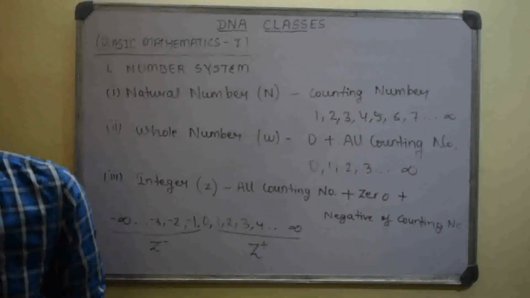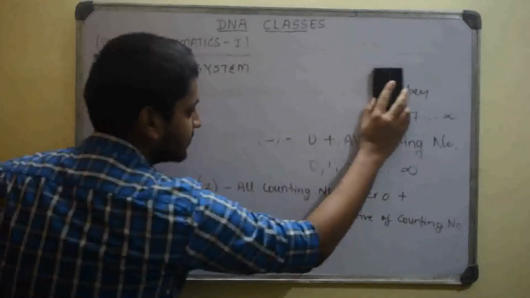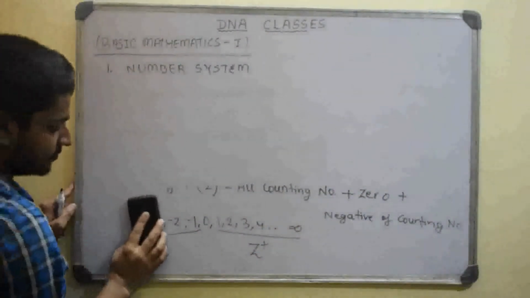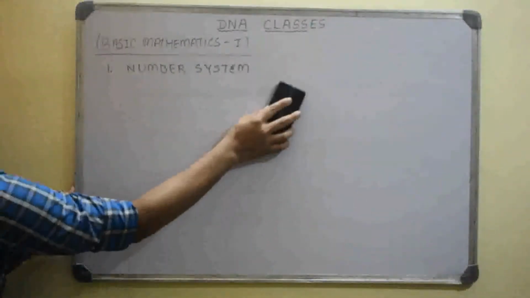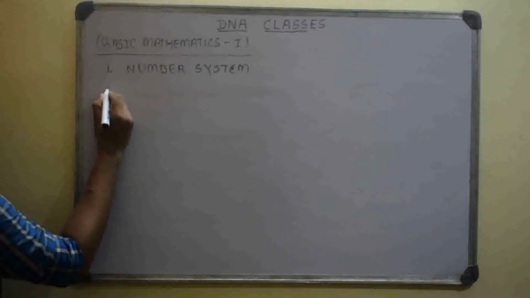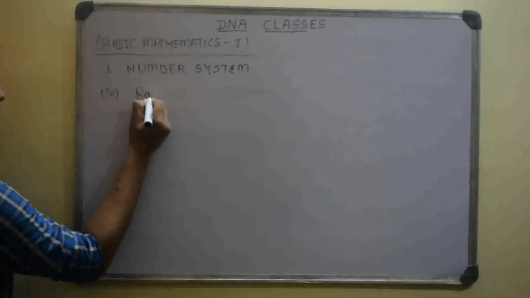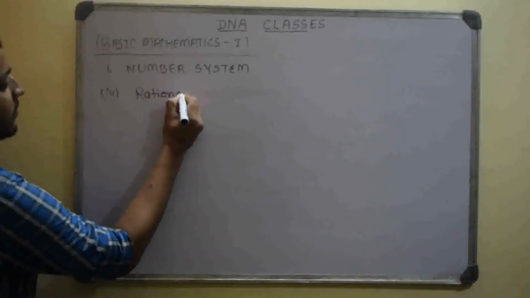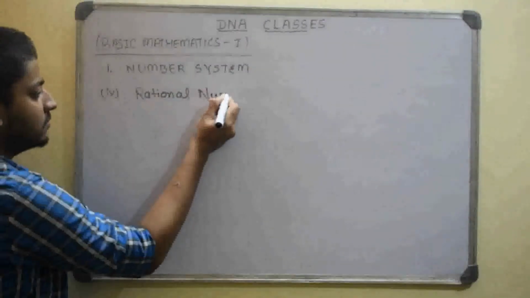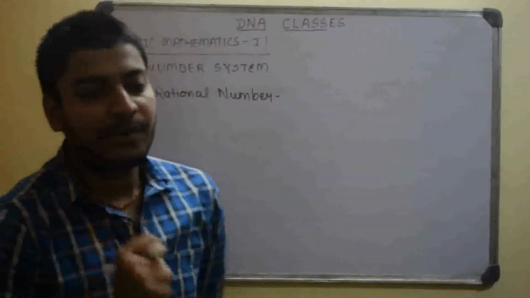Now we will move to rational number. Fourth part of this number system is rational number. Now what is rational number?